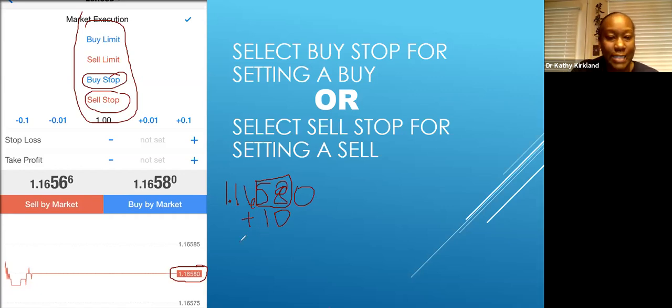So you'll add that 10: 8 plus 0 is 8, 5 plus 1 is 6, and then you bring down the rest of the numbers, just like regular addition. Okay? So that will give you 1.1668. This is the number that you are going to put for your buy stop.